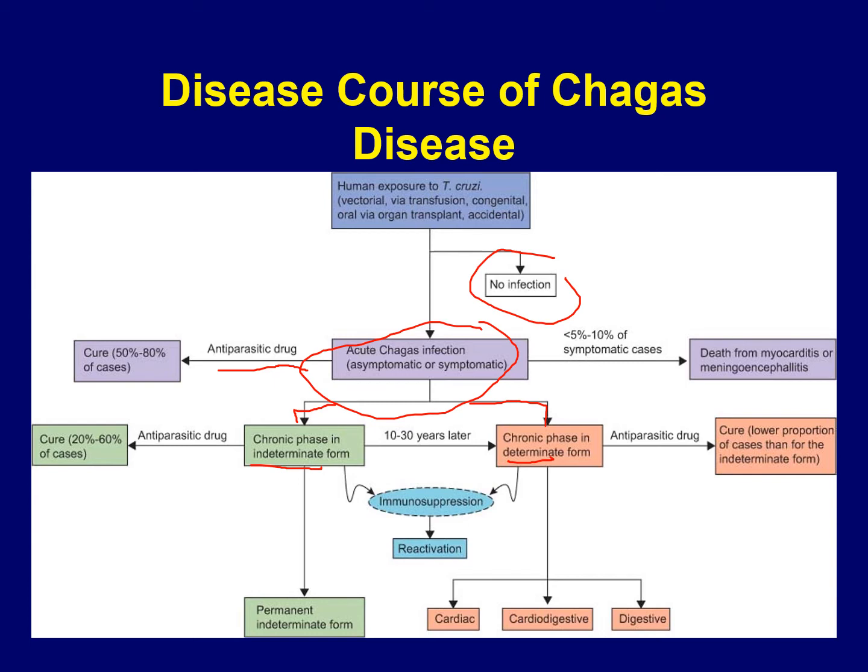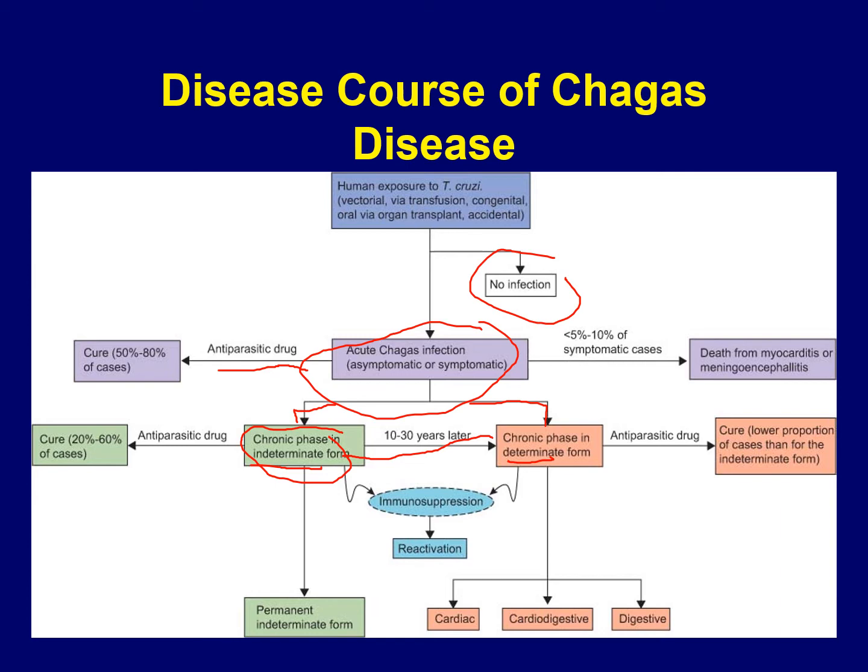But people in the indeterminate form are completely asymptomatic. However, what typically happens is that patients will be in this chronic indeterminate form and eventually cross over to the determinate form, maybe after 10 or 30 years.